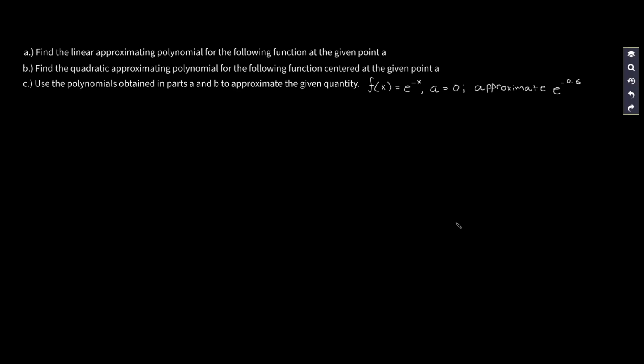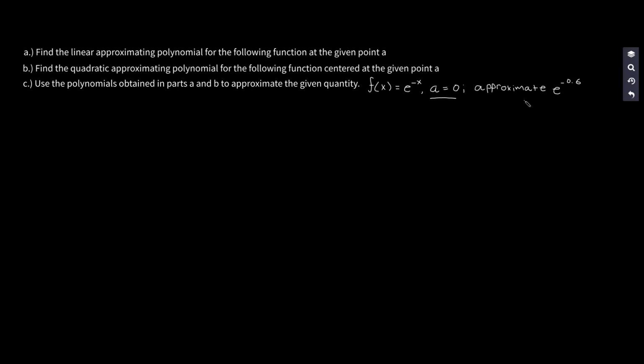The first thing we're to do is to find the linear approximating polynomial for the following function at the given point A, which, if you look, is 0, and the function is e raised to the power of -x, and to approximate it at e raised to the -0.6 power.